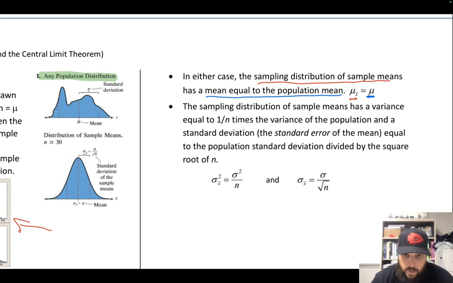The thing that changes is the sampling distribution of sample means has a variance equal to the population variance over n. And more importantly, for what we've seen a lot, our standard deviation is divided by the square root of n. And remember, n is the number of samples.